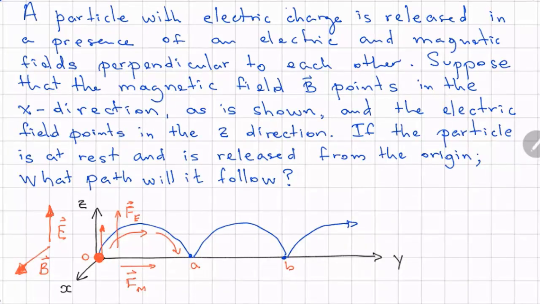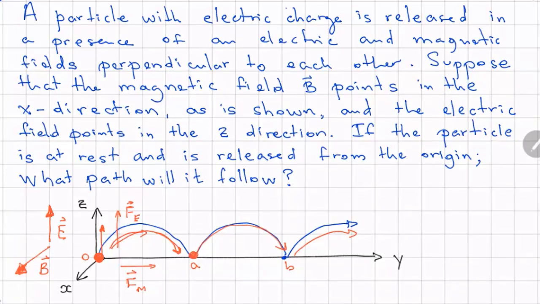The magnetic force then decreases and the electrical force takes over, bringing the charge to rest at point A. So it moves like this, and at point A the particle is at rest again. The same process starts over and over, and the particle is going to do this motion, okay guys, and that motion is known as cycloid motion.